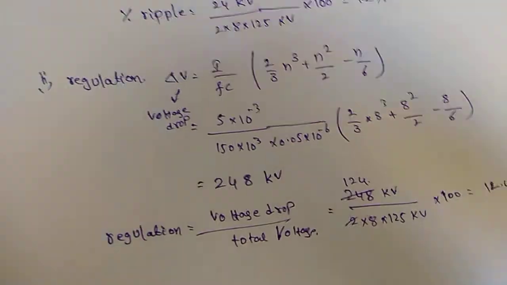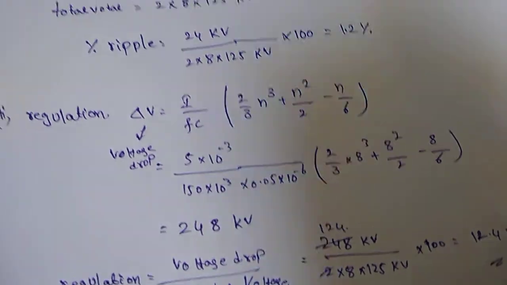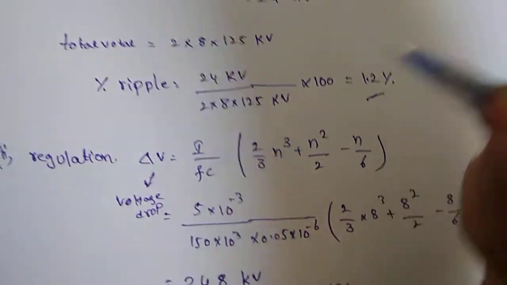This is for regulation, and the earlier one is for ripple.